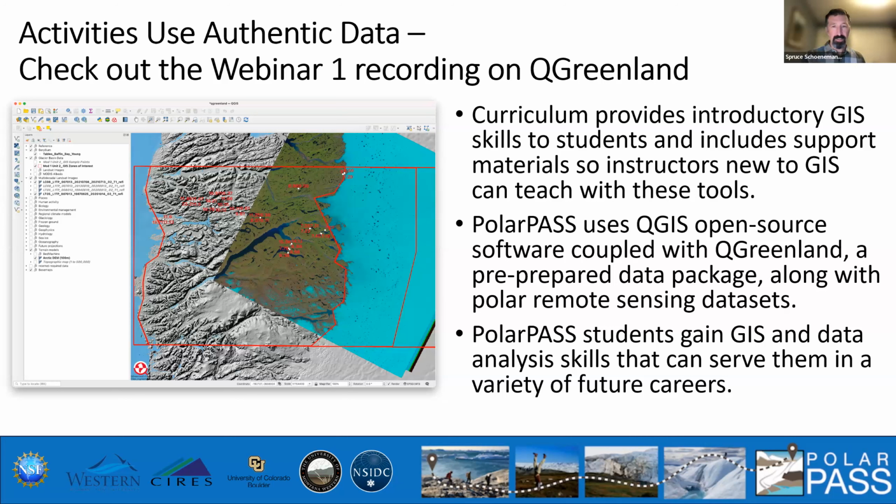There are about 50 different layers within the package. And the curriculum is designed to provide these introductory GIS skills to both students and instructors with step-by-step instructions along the way. And the PolarPASS students then gain some GIS and data analysis skills that they can use in a variety of future careers.